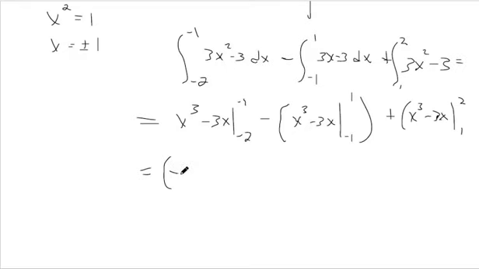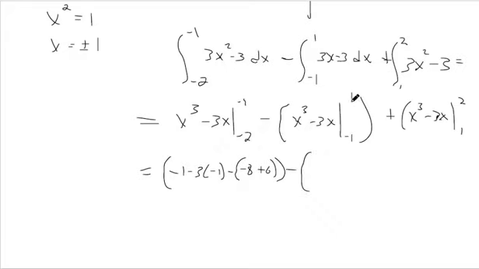So you're supposed to plug in -1 first, and then subtract what happens when you plug in -2. I'm going to put this in parentheses because I got to subtract the whole thing. -2 to the third is -8. -2 times -3 is 6. Okay, so that's what this one is. Sorry, I did do that in reverse at the beginning. I'm going to focus and make sure I get this one right the first time.